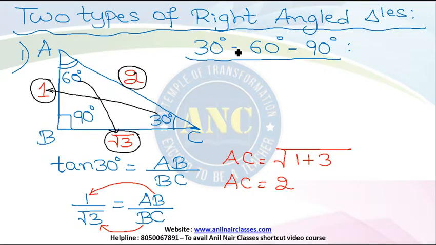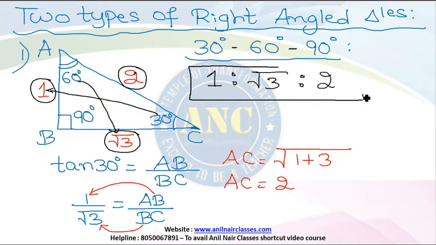That means a 30, 60 and 90 degrees kind of triangle will always have sides in the ratio 1 is to root 3 is to 2. Very, very important point. This is the point which we will make use of in our problem solving.